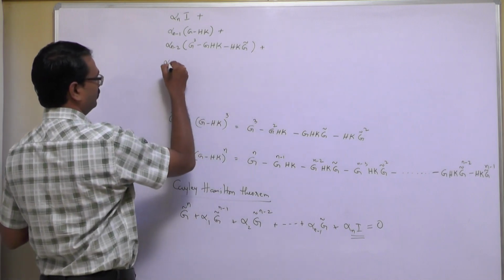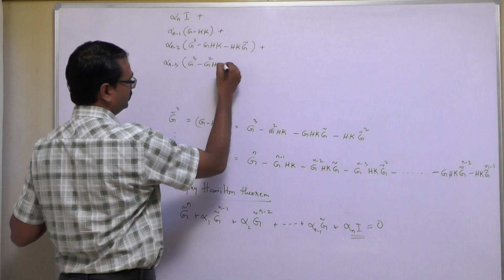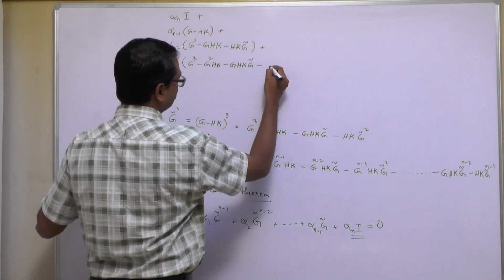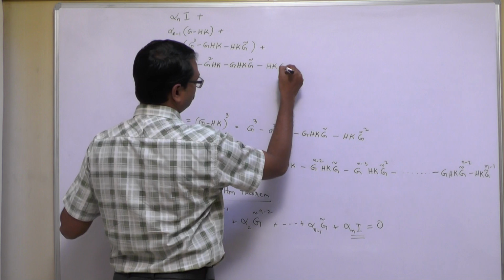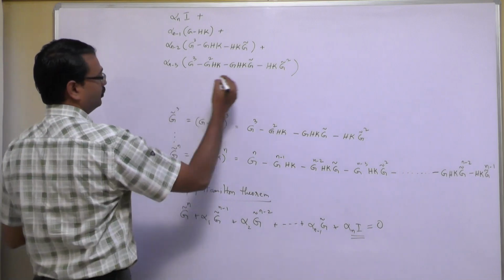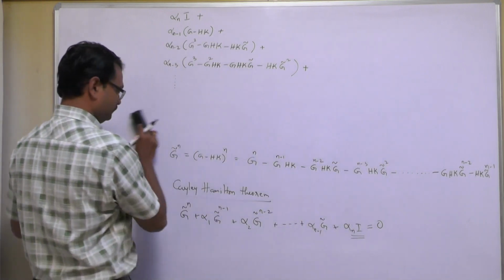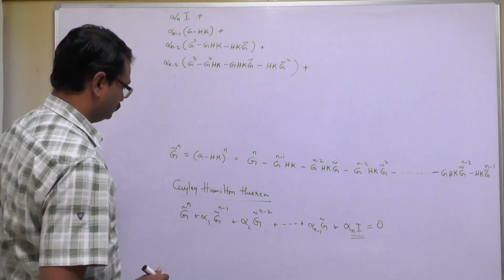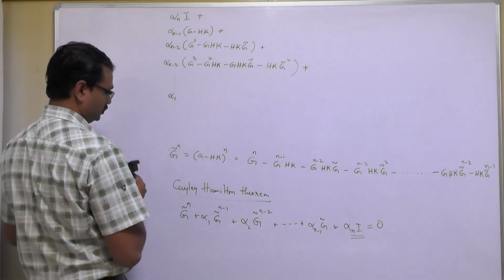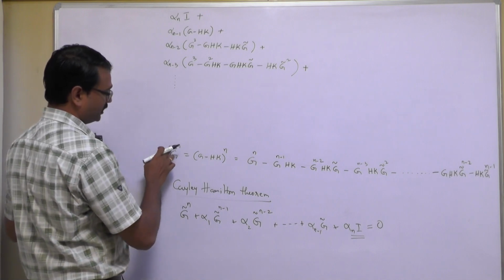plus alpha G cube minus G square HK minus G HK G cap minus HK G bar square, right, plus so on, 1, or you can say simply, in order to reduce the complexity, I will just substitute G bar power n.